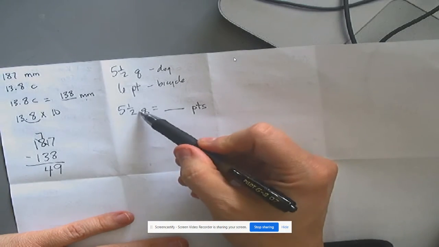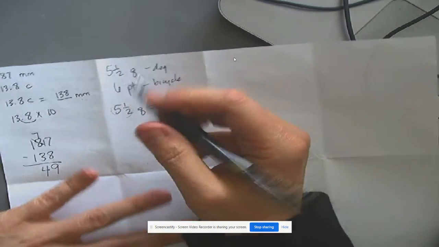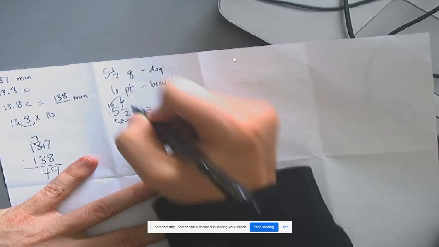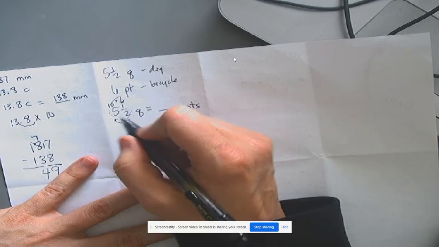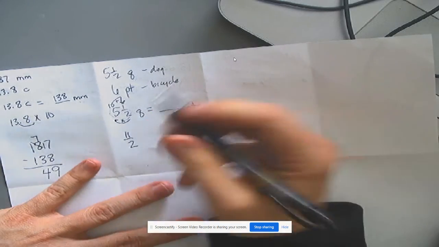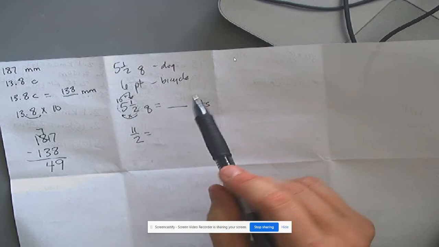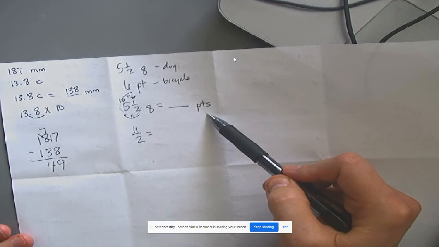Well, we can't leave this in 5.5 quarts. So what do we need to do? We need to change it into a mixed number. So 5 times 2 is 10. 10 plus 1 is 11 halves equals, okay, ask our questions, large to small, small to large. Quarts to pints is large to small, right?